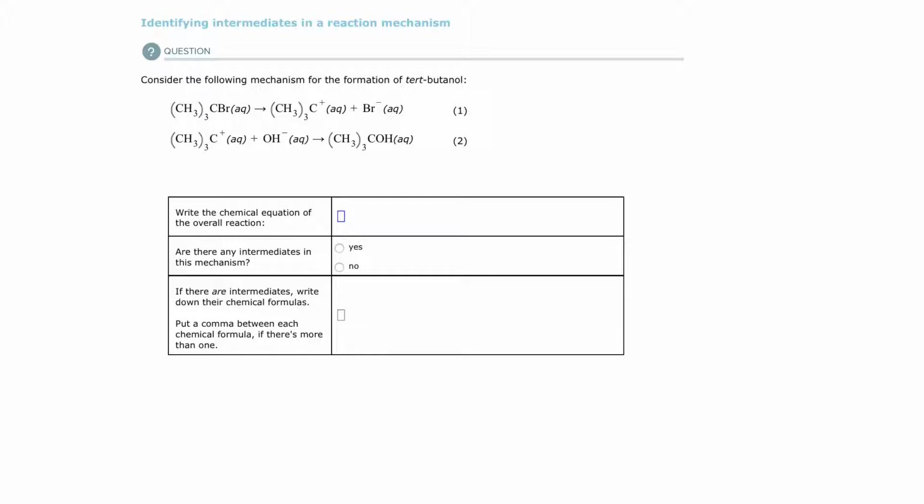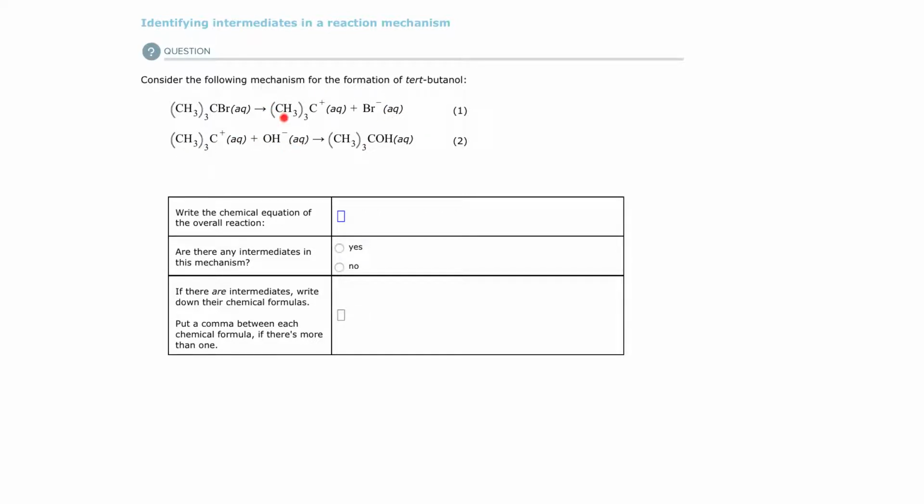So let's look at this mechanism. Remember, a mechanism is just a proposal of how a reaction occurs if it has more than one step to it. So you have some big ugly thing here, methylbromine something, and then it's going to make some kind of a cation and bromide ion, which is then used in the second step.